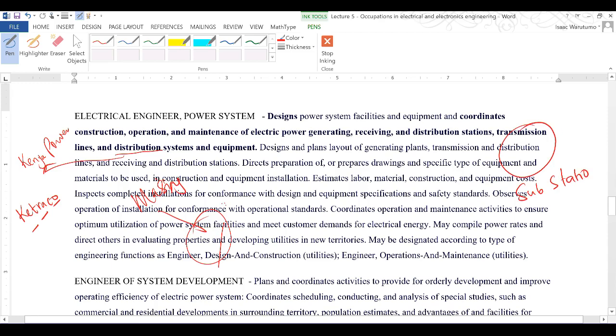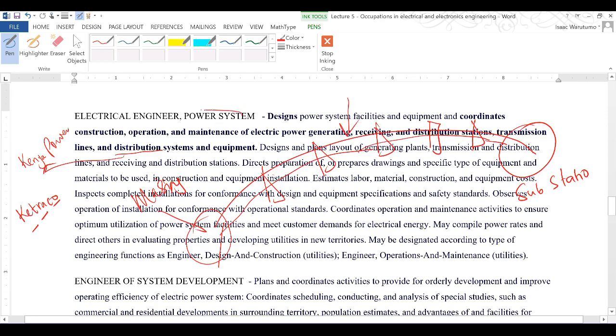From Masinga all the way to Nairobi or Thika, where it's getting distributed, power is carried on pylons, which are carrying the transmission lines. These are very long distance and high voltage transmission lines. The engineers that do this kind of work are called transmission engineers.